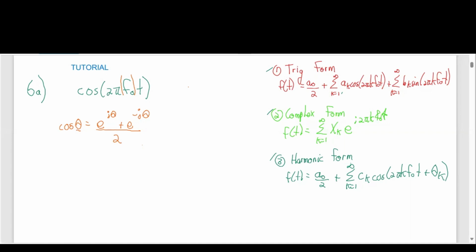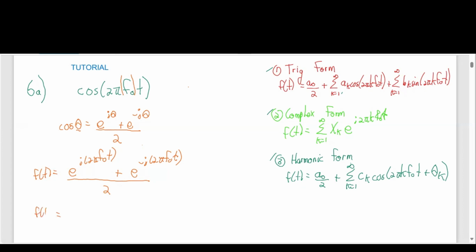So now converting this, acting like this is theta, it would just end up being e to the j 2 pi f naught t plus e to the minus j 2 pi f naught t, and that is all on 2, right? And that is f of t. To make it easy, we could pull out the half.